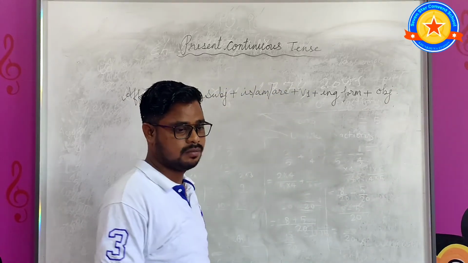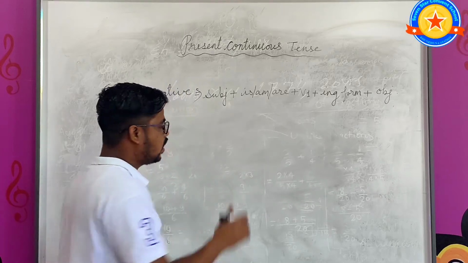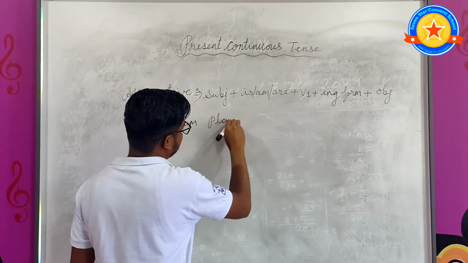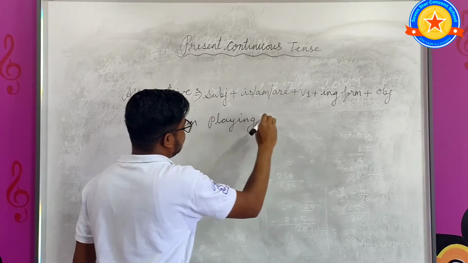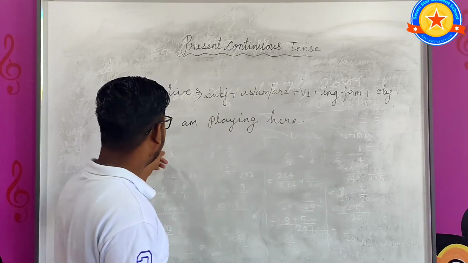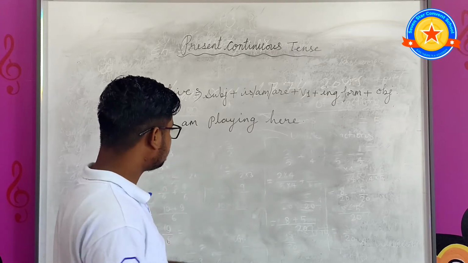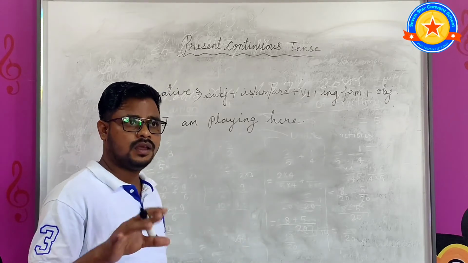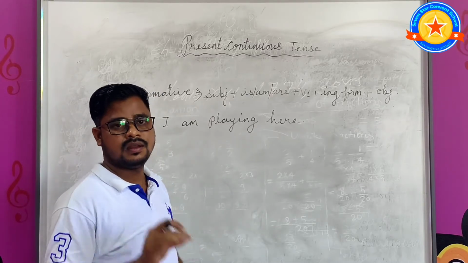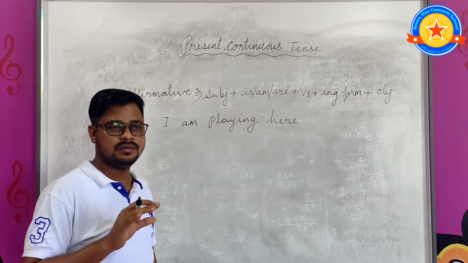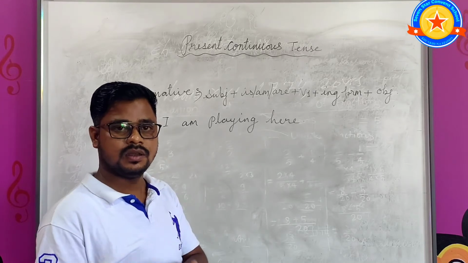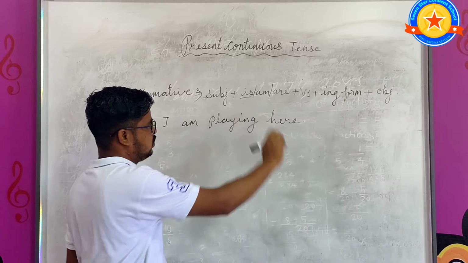Let me give you one example. In an affirmative sentence: I am playing here. It is an affirmative sentence. Let me tell you where and when you have to put is, am, are. If the subject is third person singular, that means he, she, it or any singular name, you have to put is.